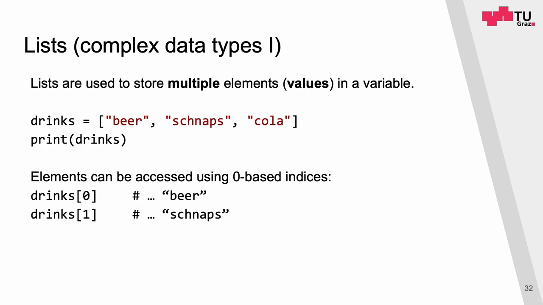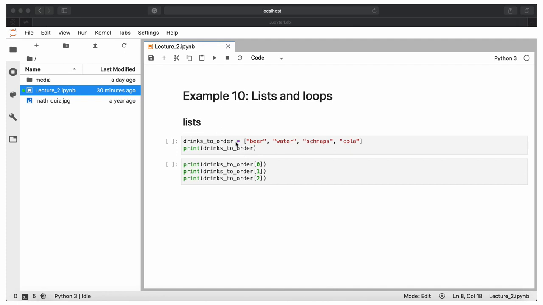And if we want to access the second element in the list, we need to increase our index. The second element is indexed by 1. With this code, we access the second element, namely schnapps. So again, a short example here. Here you see the list of drinks which I would like to order.